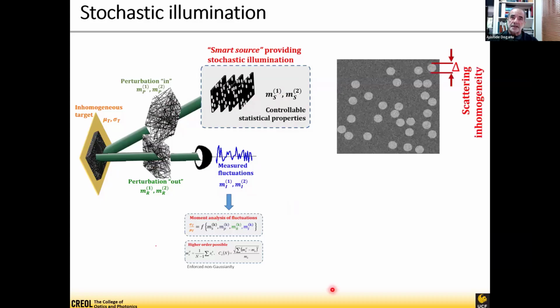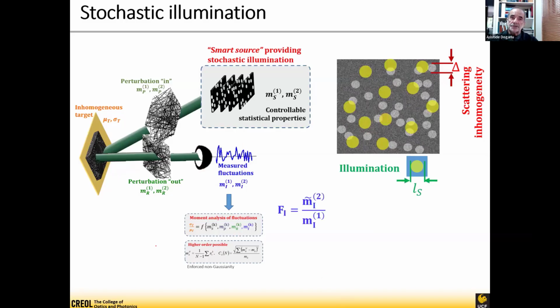So let's see what happens. This is the distribution of the scattering potential. It has a characteristic length, and this is what I'm after. I'm after the average size of these dots, which represent the correlation length of the scattering potential in the plane of the target, and I produce random illuminations on it and record fluctuations.